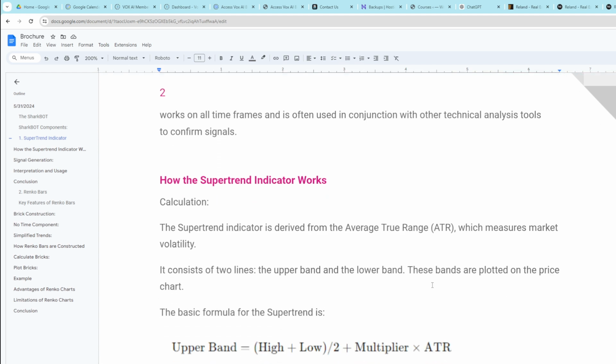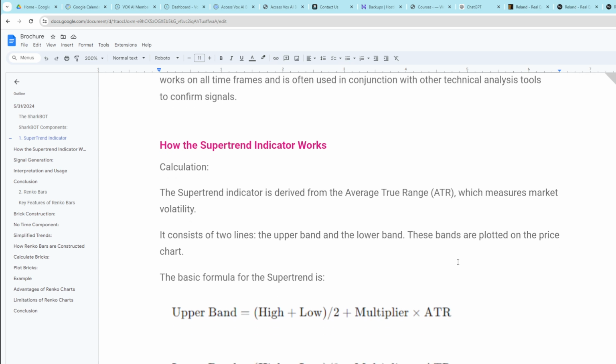The way the super trend indicator works is a calculation. It is derived from the average true range, which measures the market volatility. It consists of two lines, the upper band and the lower band. These bands are plotted on the price chart, regardless of the type of chart that you use, whether candlesticks, Renko, range, or any other candlestick parameters.